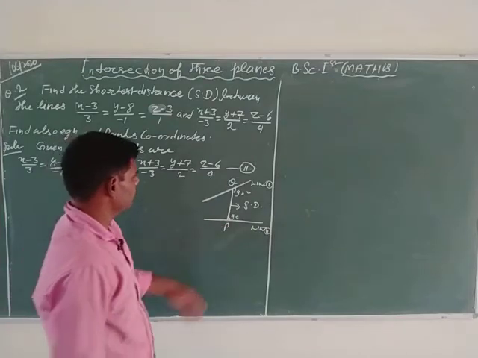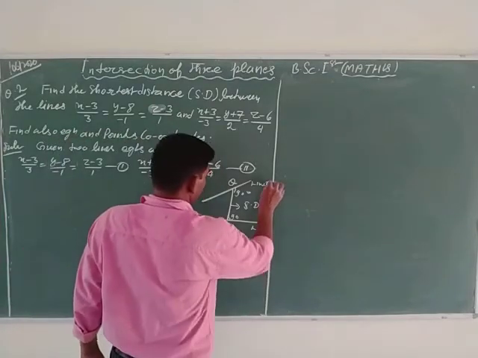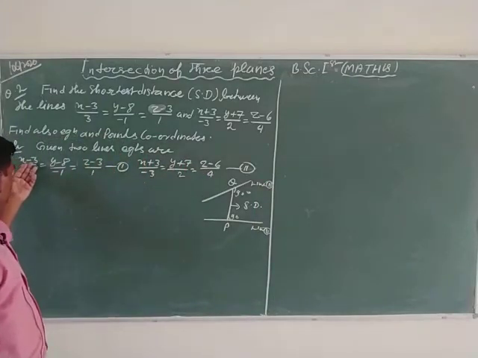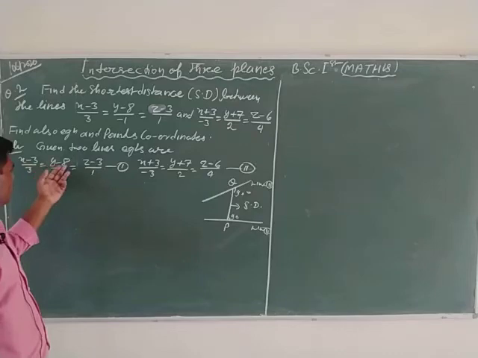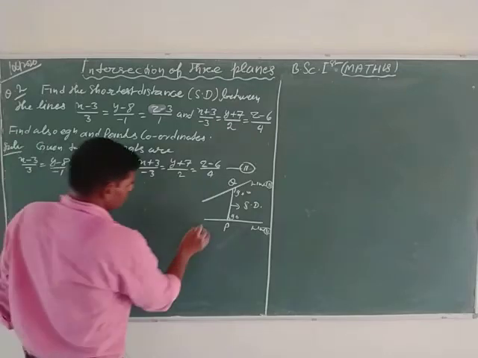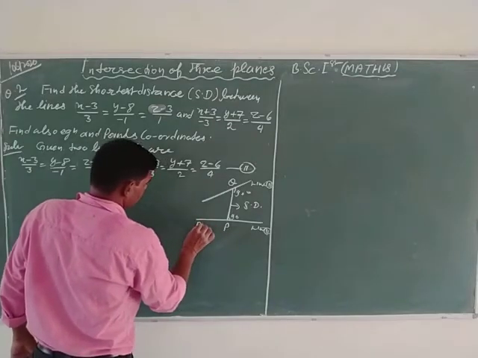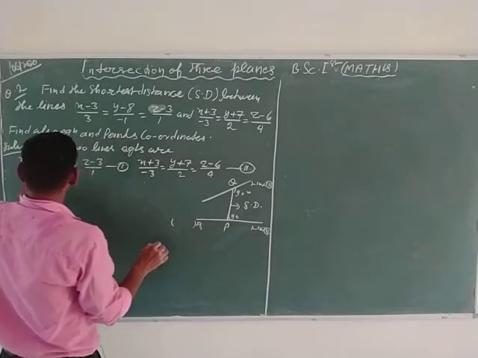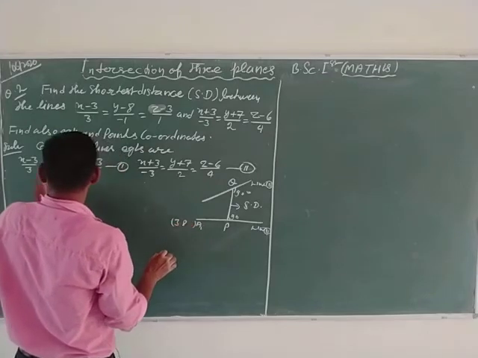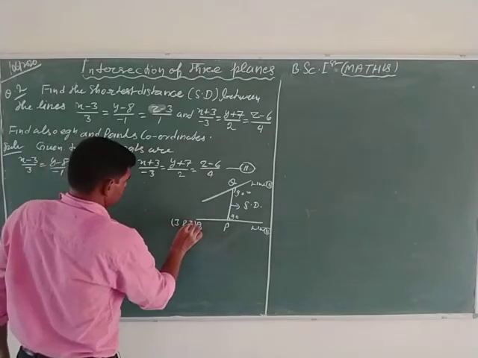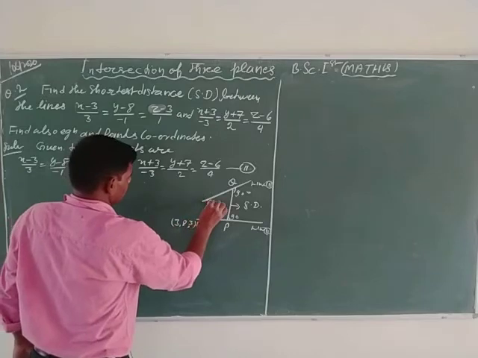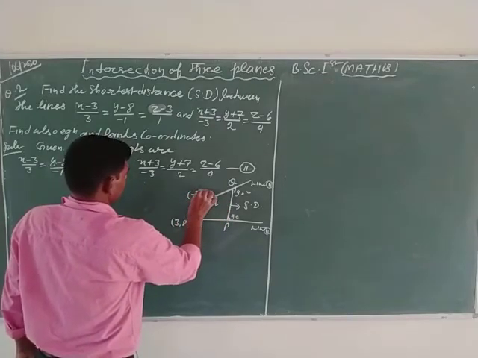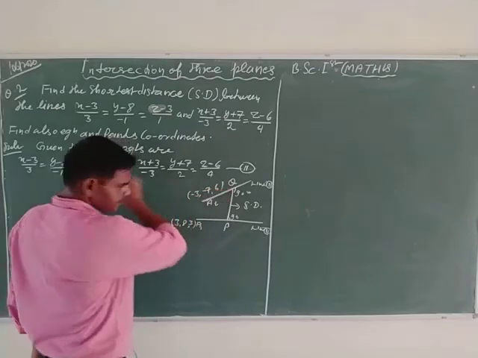On the first line, take a point. Suppose that A1 has coordinates 3, 8, 3, and taking a second point on the second line, whose coordinates are minus 3, minus 7 and 6.